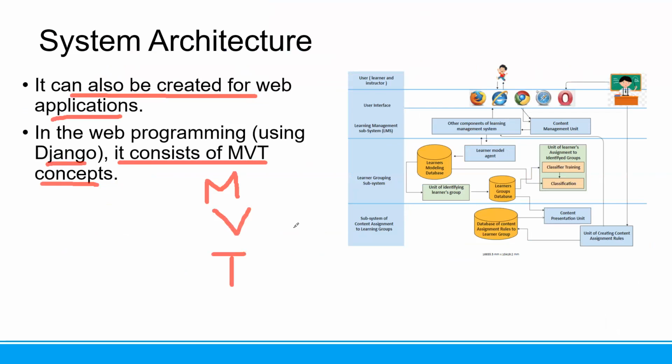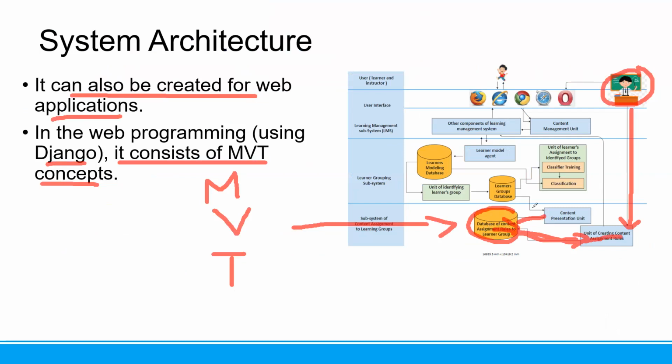So the M means we have the database, and then we are going to make some presentation unit, or some assignment rules, and then maybe this is the instructor. It will give you some instruction, and then this instruction will be saved into the database.